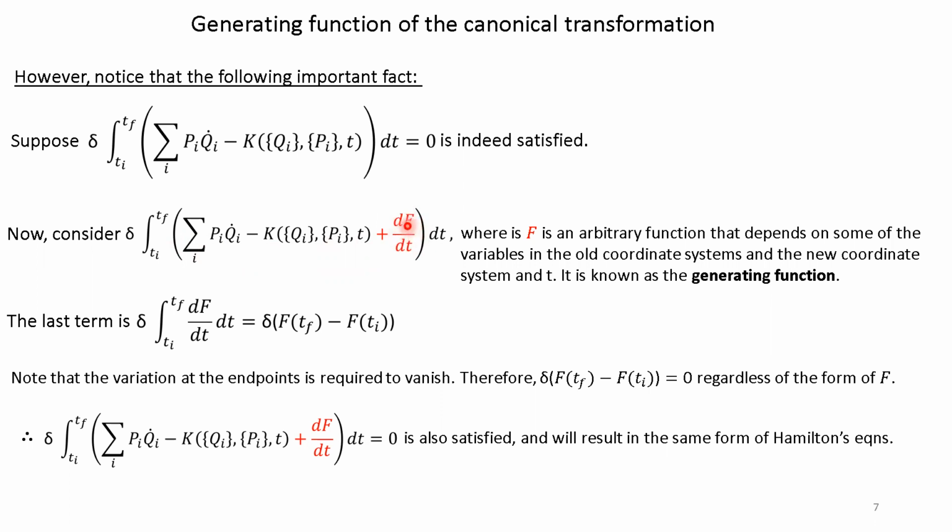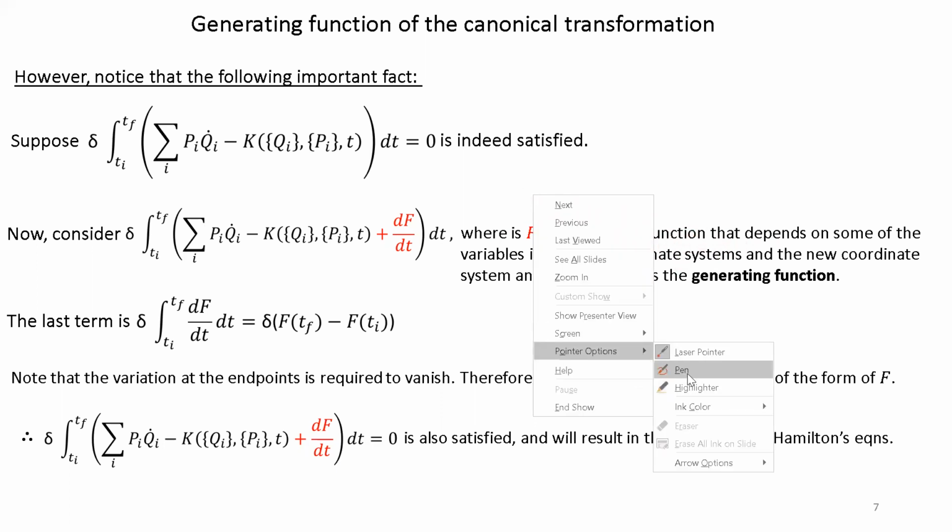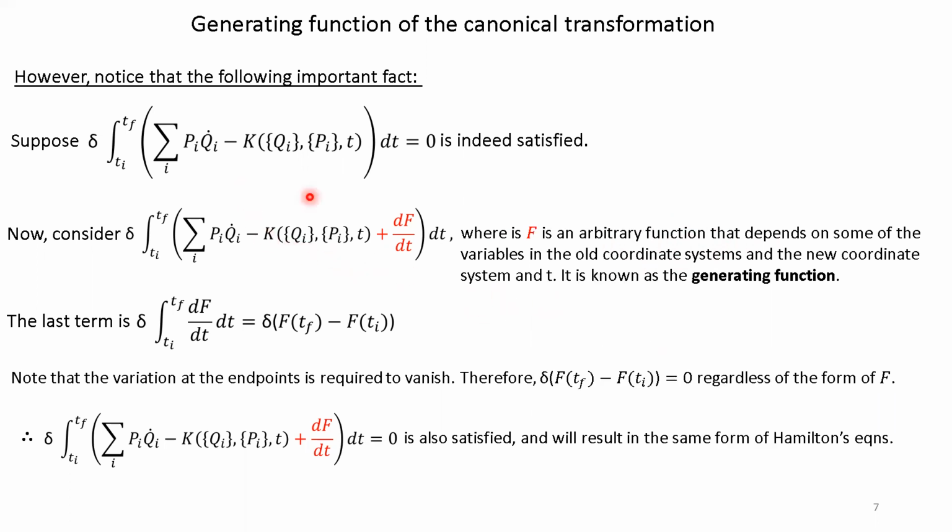And f itself can contain time explicitly, but it might also not contain time explicitly. So this is an arbitrary function. In general, it can depend on the old coordinates small p and small q, and the new coordinates big Q and big P, and also it might depend on time explicitly.